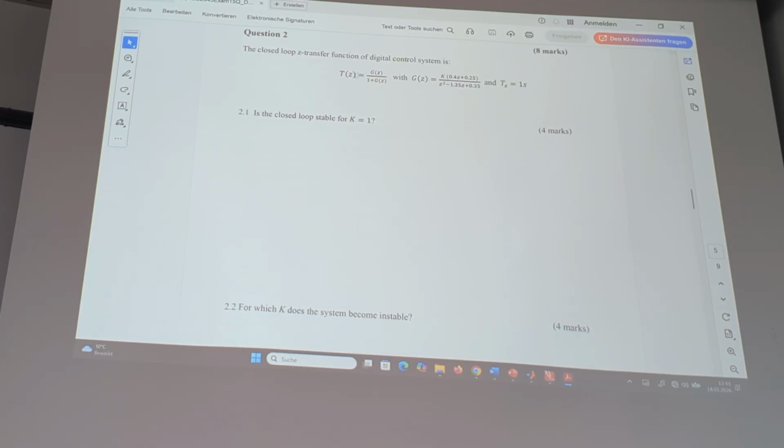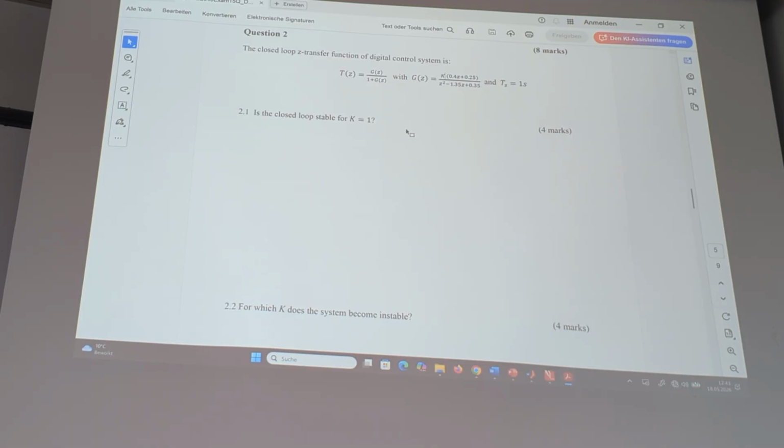So this closed loop transfer function can be calculated by putting G into this expression. And then the question is: is the closed loop stable for K equal to 1? So K is this parameter here. So what would you have to do now?